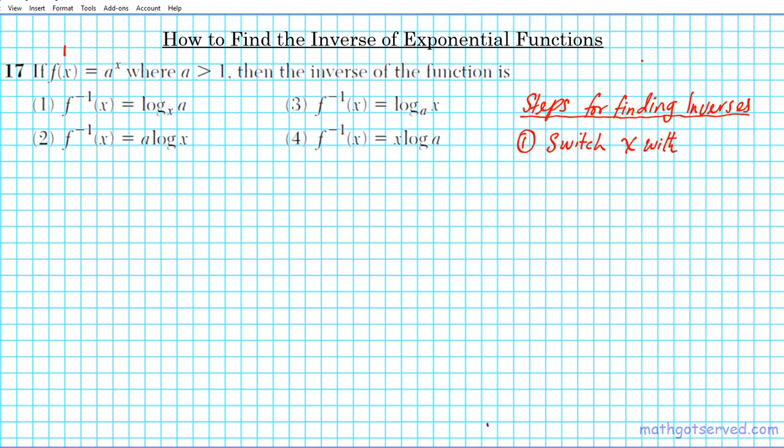The output, this is the output right here, okay? The output is f of x. So the inverse of the output is f inverse of x. So we're going to switch the input with the inverse of the output, and we're going to switch the output f of x with the input, which is x. All right.